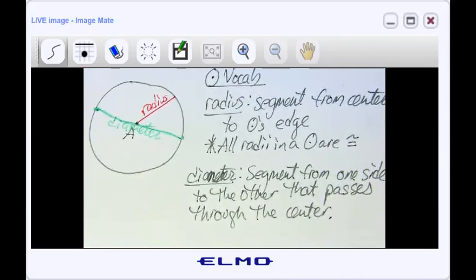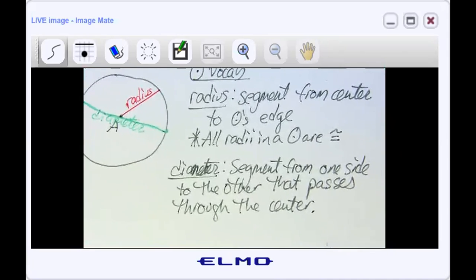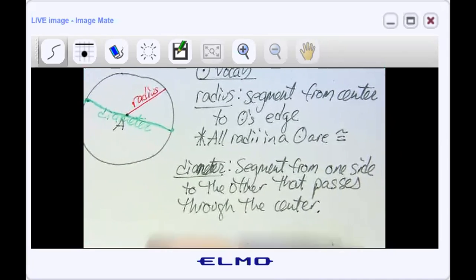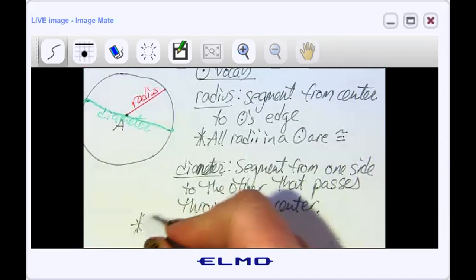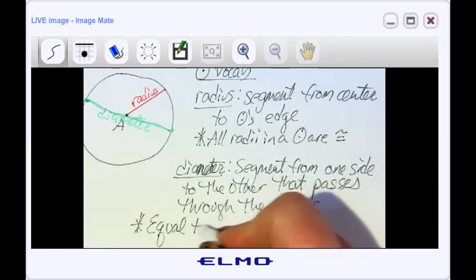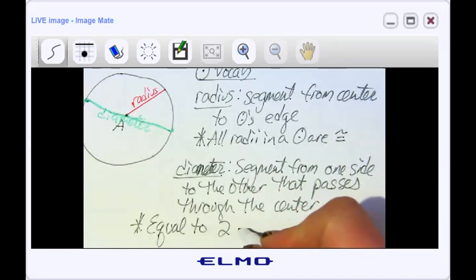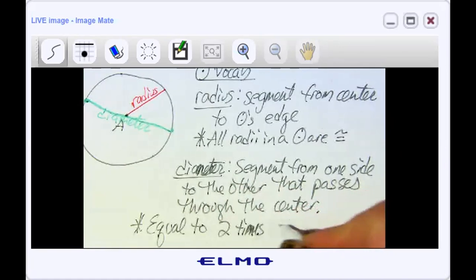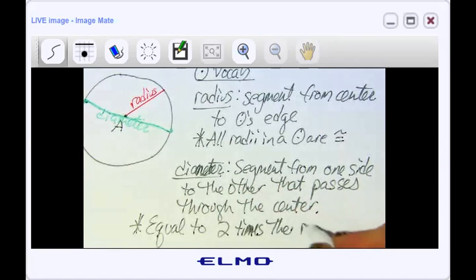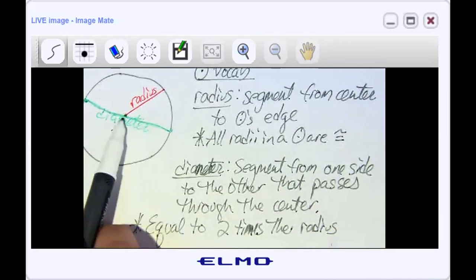All right, so some interesting things about the diameter before we move on to other things. We're going to add that it is equal to 2 times the radius. Which makes sense because it's really like here's a radius and then here's another one.